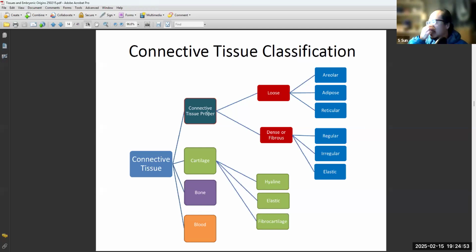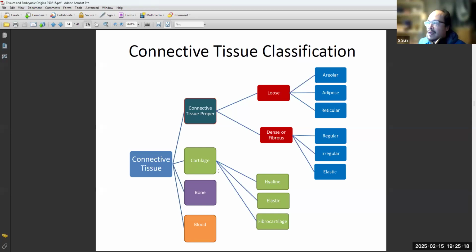So just a quick quiz would be: adipose or fat tissue belongs to what kind of tissue in our body? It will be considered a loose connective tissue proper.